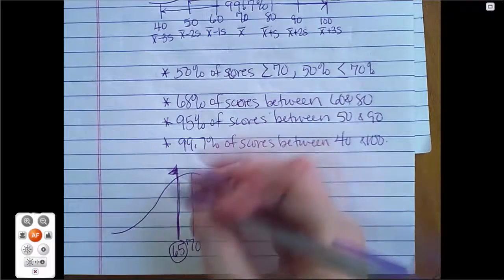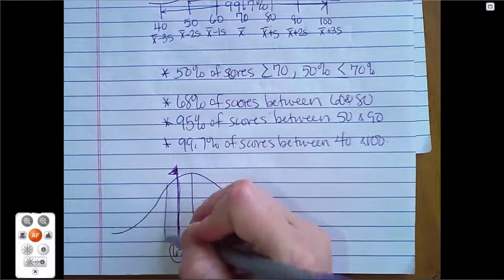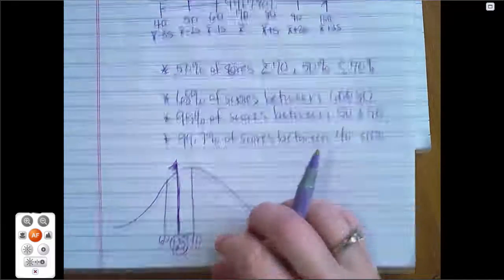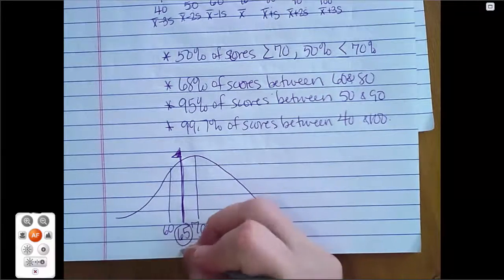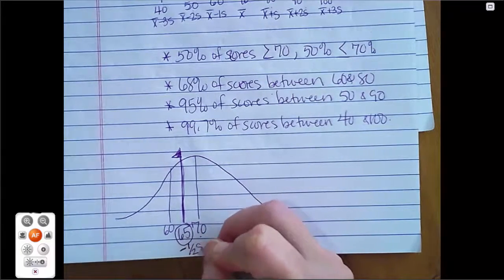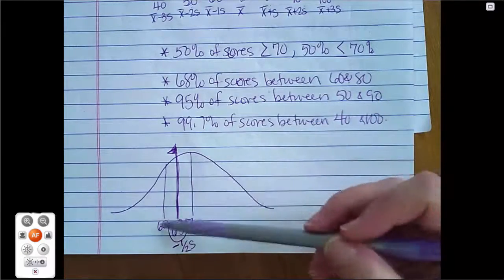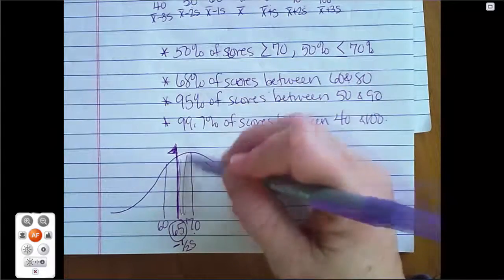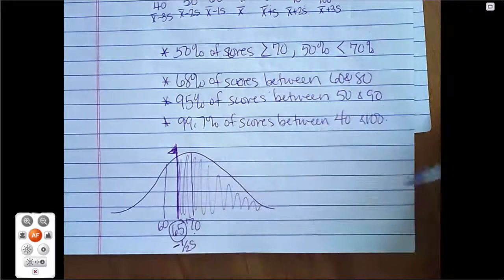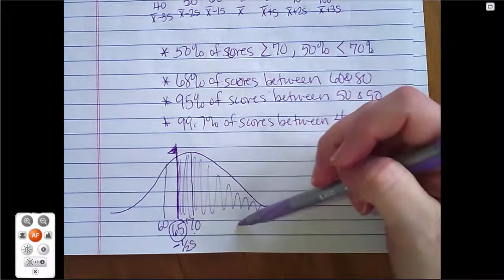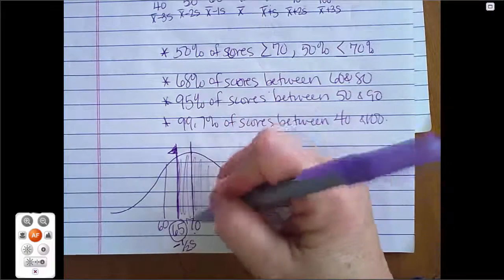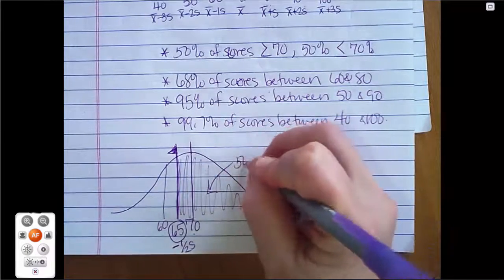Well, if 70 is my mean and my standard deviation is 10, then 65 is minus 1/2 of a standard deviation from the mean. It's halfway between 60 and 70. And we care about all these people that passed, that got above a 65. Well, what you can do then is you know that this mean cut my data in half, so this much is 50%.